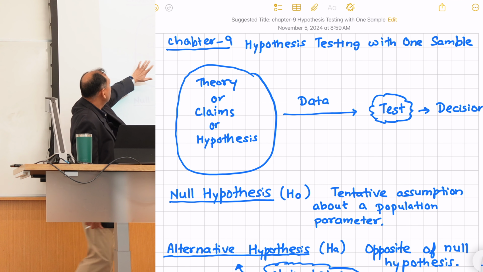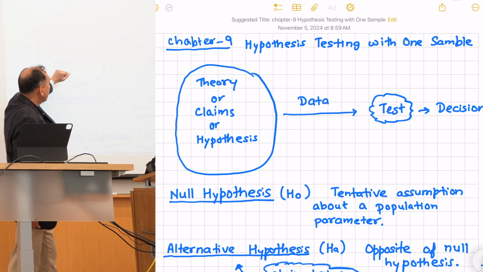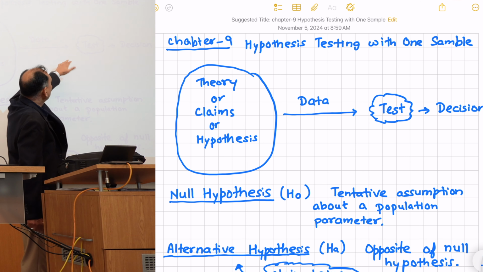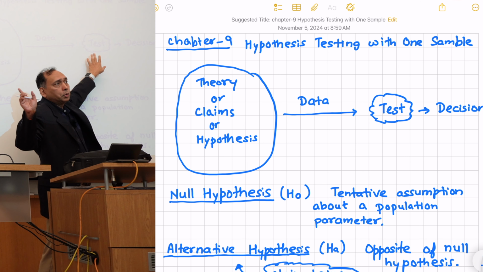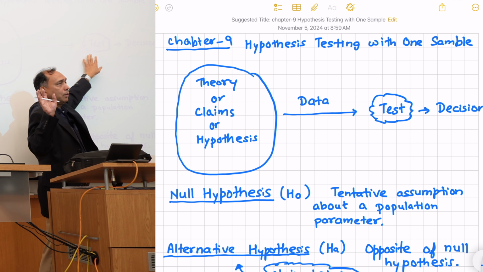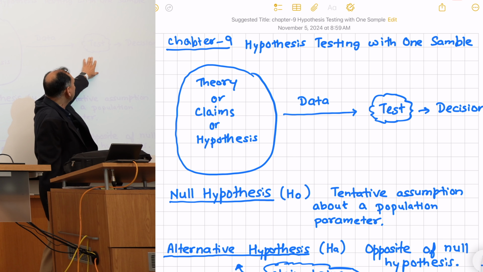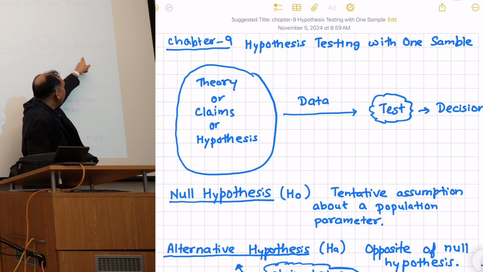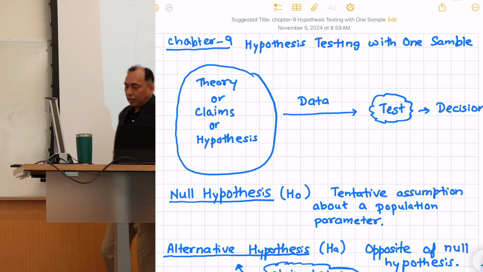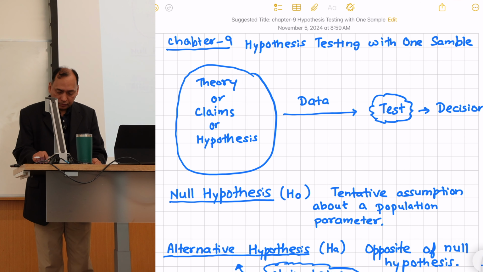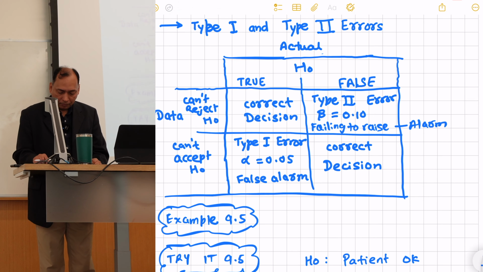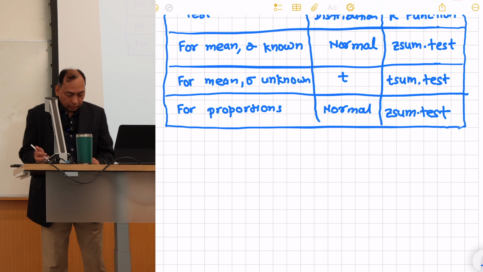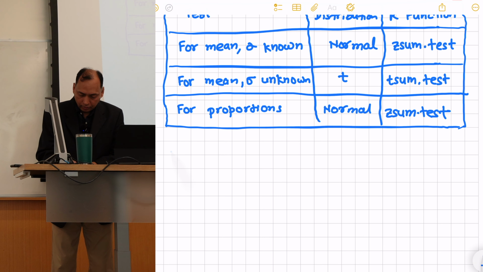So in this scenario, you are starting with some null and alternate hypothesis, collecting data, doing the testing in those three situations: sigma known, sigma not known, and proportion. And how do we decide? After all that, how do we make a decision? So there's a rule for that, and the rule is the rejection rule.